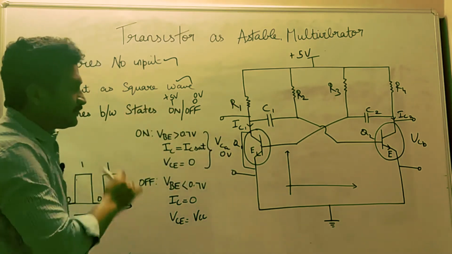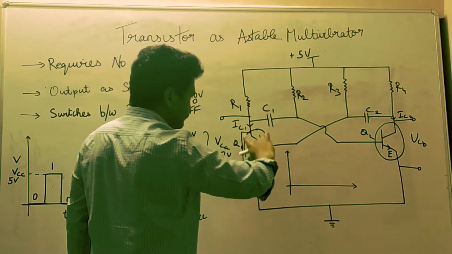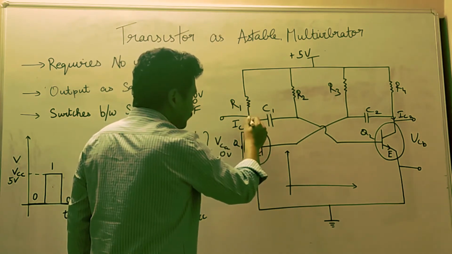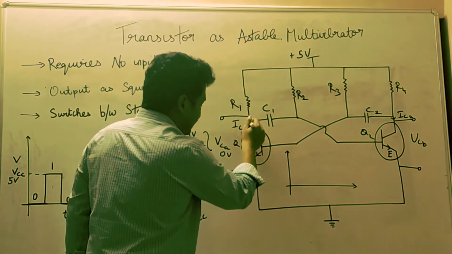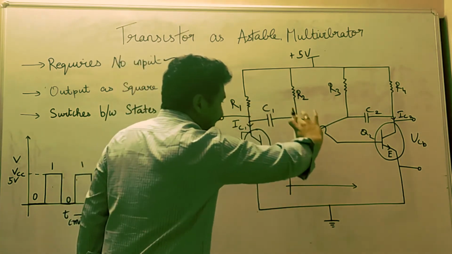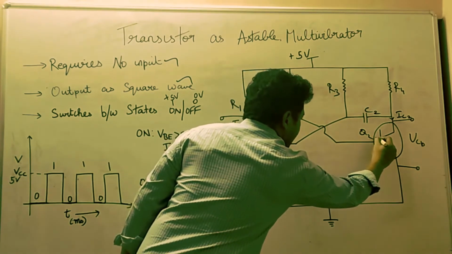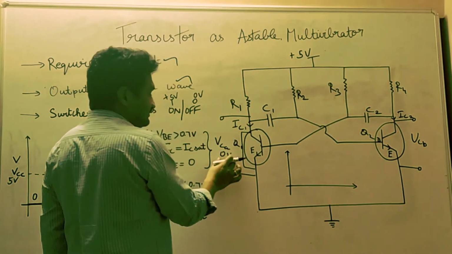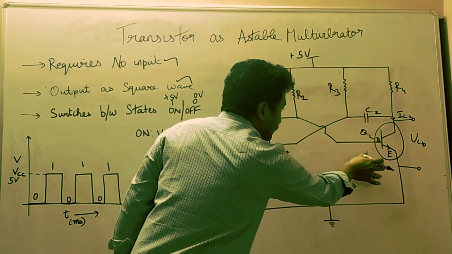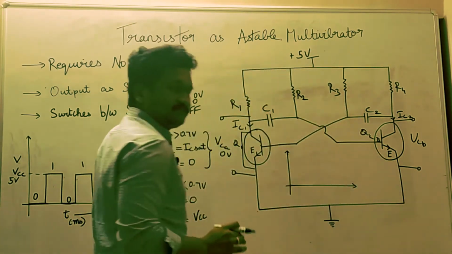This 0 volt is tapped out from this terminal to the ground and applied as the supply to the base to emitter terminal of the other transistor. This VCA 0 volt is applied here, and this transistor goes to the off condition.